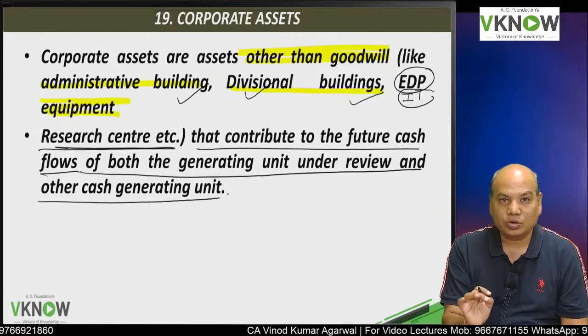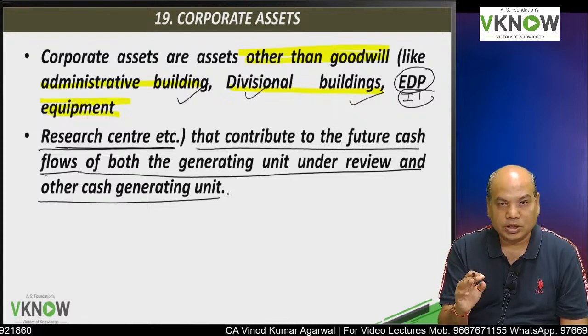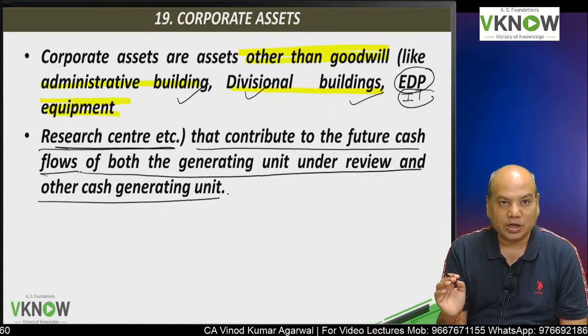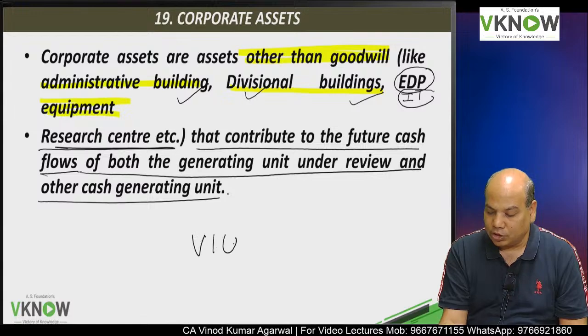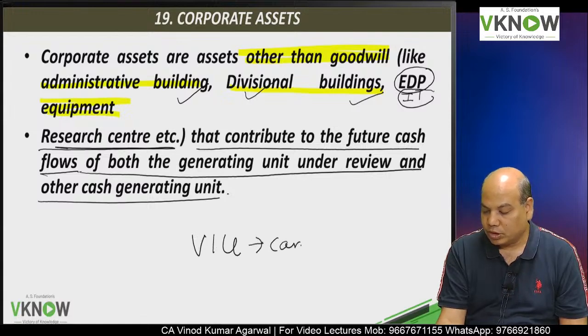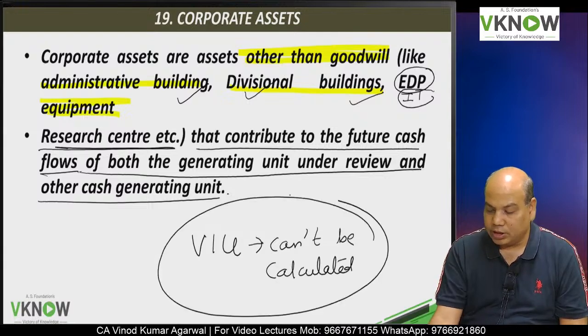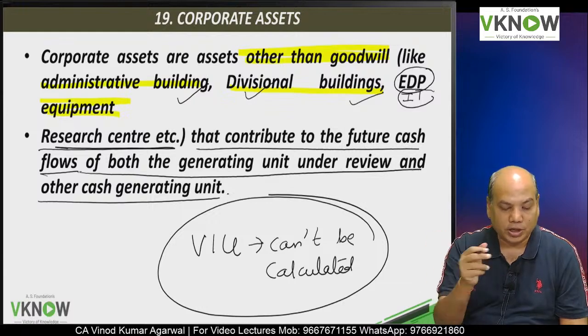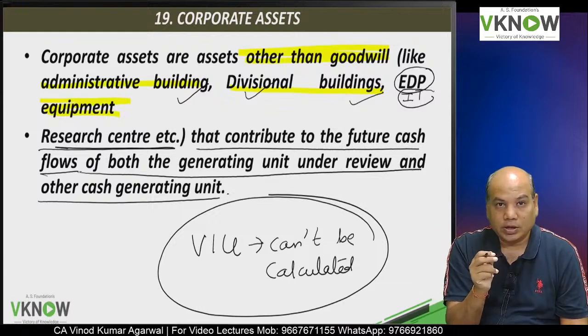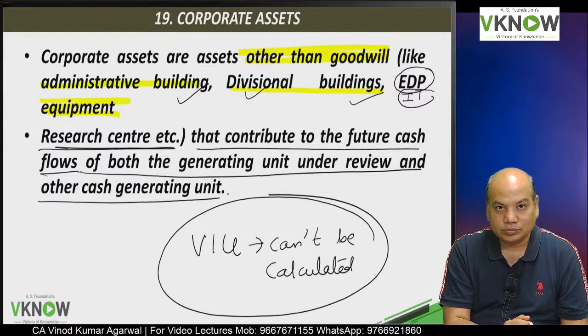On their own they do not generate cash flow, but they help other CGUs in generation of cash flow. That means their value in use cannot be calculated for corporate assets. Why? Because they don't generate cash flow.